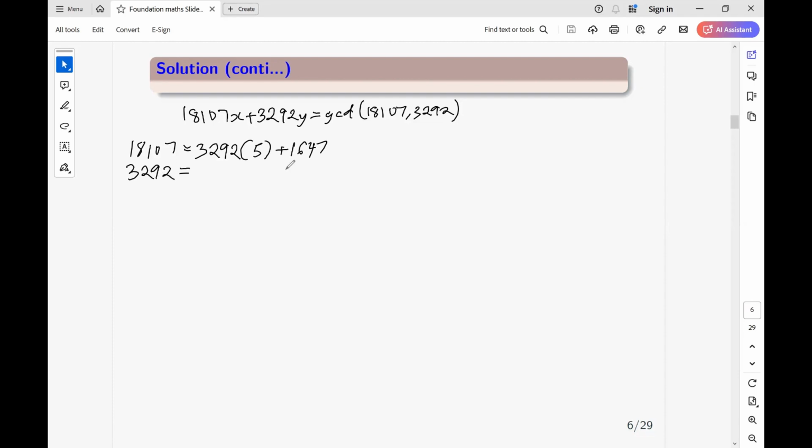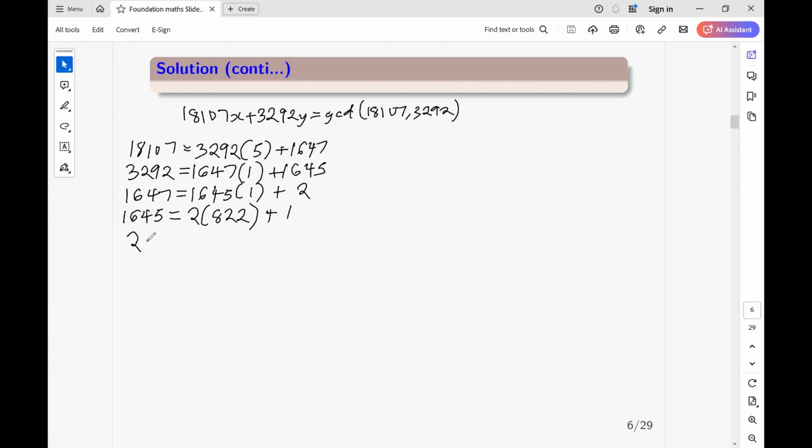Now for 3292 and 1647, it's going to be once, and then the remainder is going to be 1645. Then 1645 is going to go into 1647 once, and then the remainder is going to be 2. Then 2 is going into 1645 822 times, and then you have a remainder of 1.